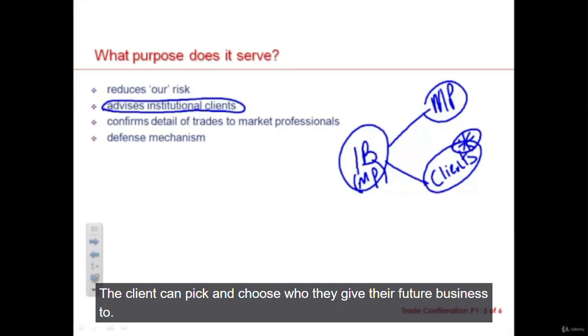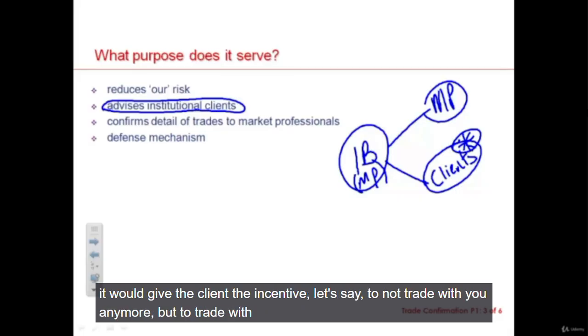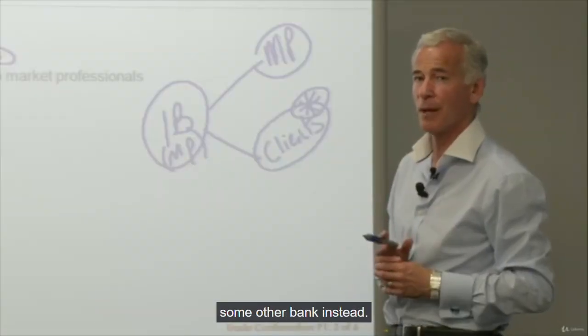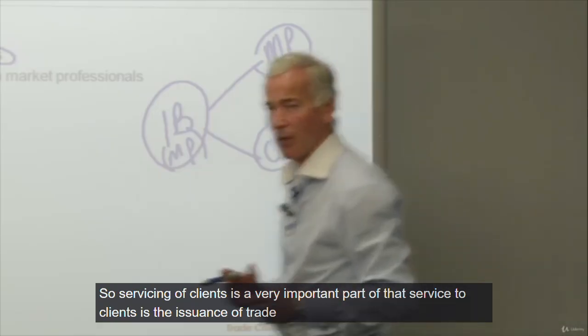The client can pick and choose who they give their future business to. So if the investment bank doesn't perform to the required standards of the client, unfortunately, it would give the client the incentive, let's say, to not trade with you anymore, but to trade with some other bank instead. So servicing of clients is very important.